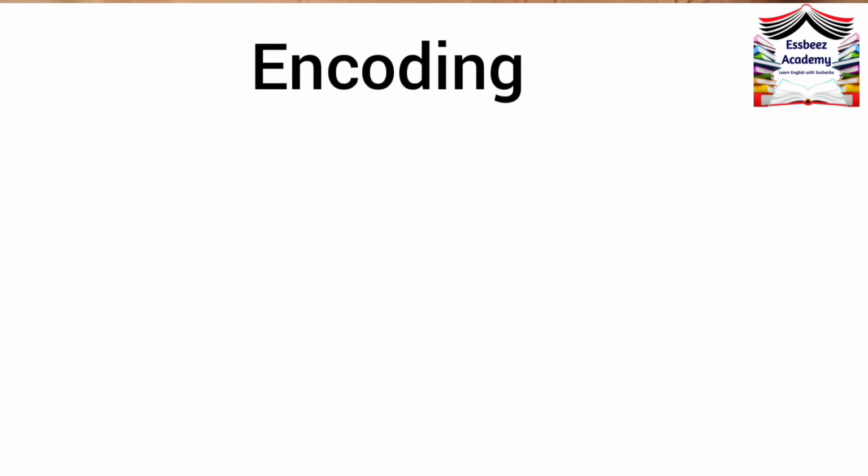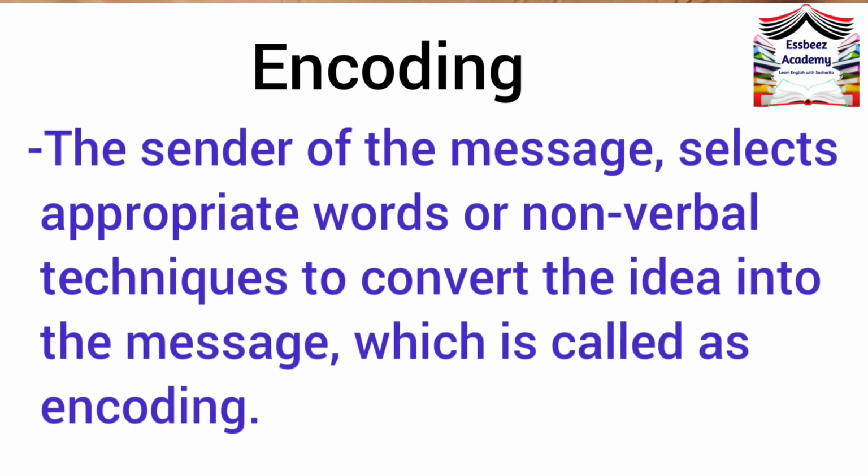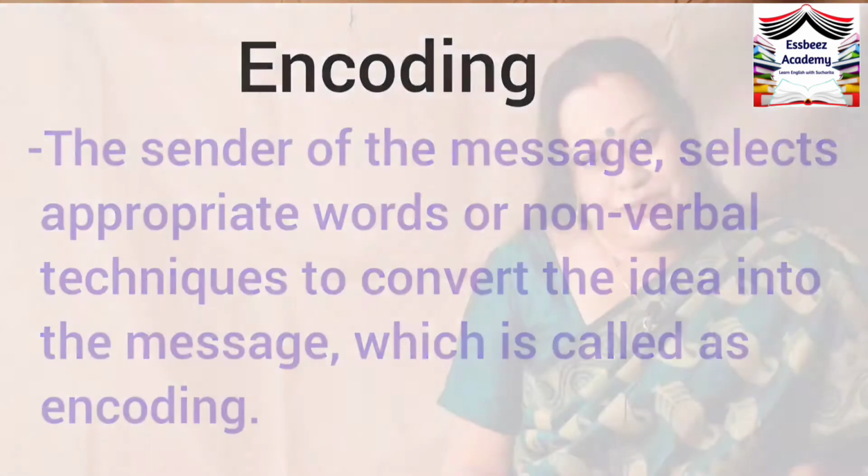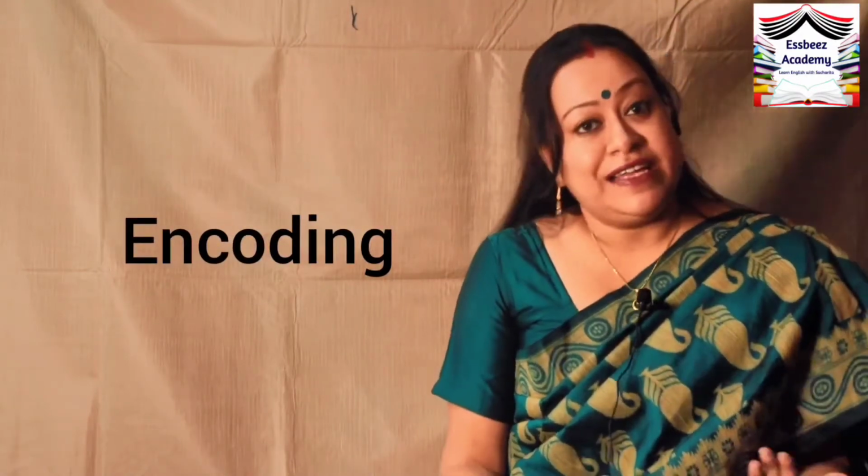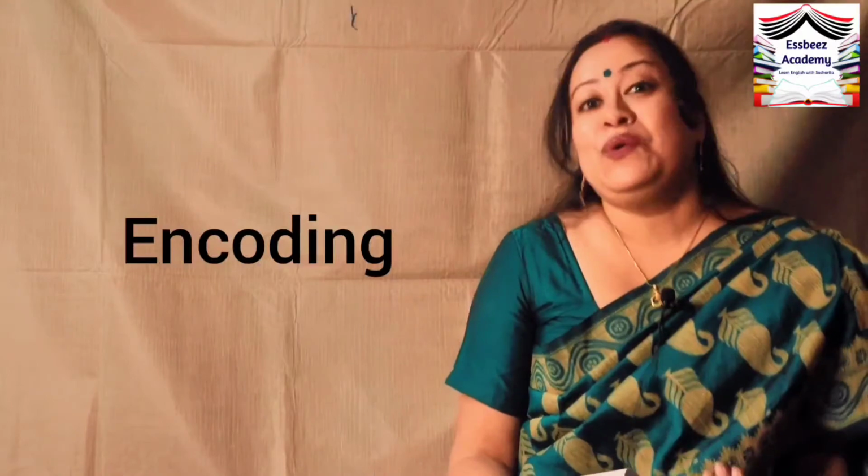The second step involved is encoding of the message. What is encoding the message? Encoding of message includes choosing the right kind of words and examples and the right word order in order to communicate the message. That is the reason why we create content, why we create scripts, why we prepare notes.